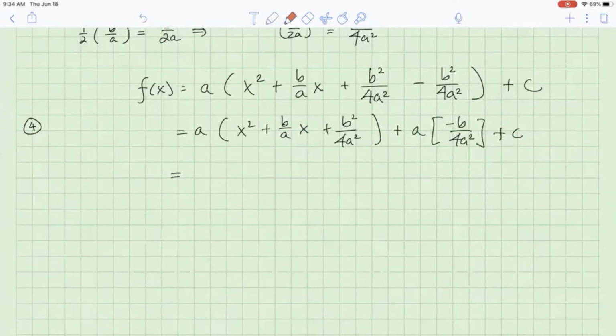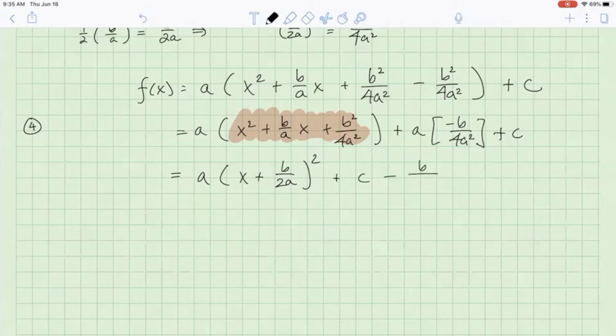And then this is a perfect square. It factors as x plus b over 2a squared. And then here I need to rearrange this. This is plus c minus b squared over 4a because I'll get one power of a to cancel.